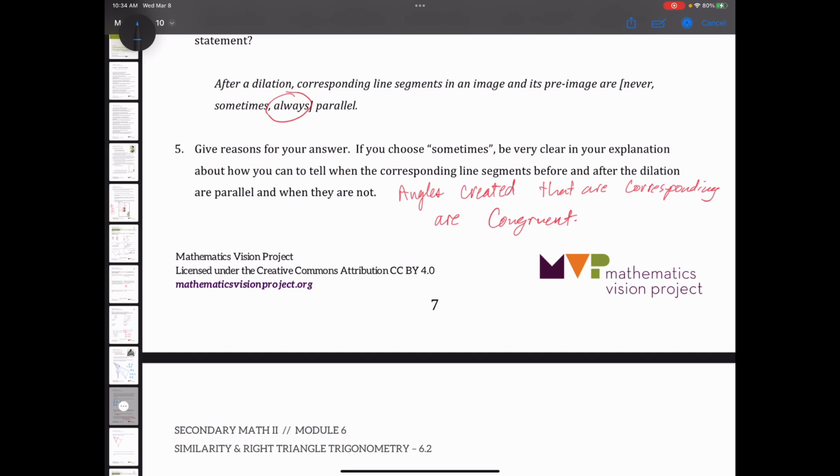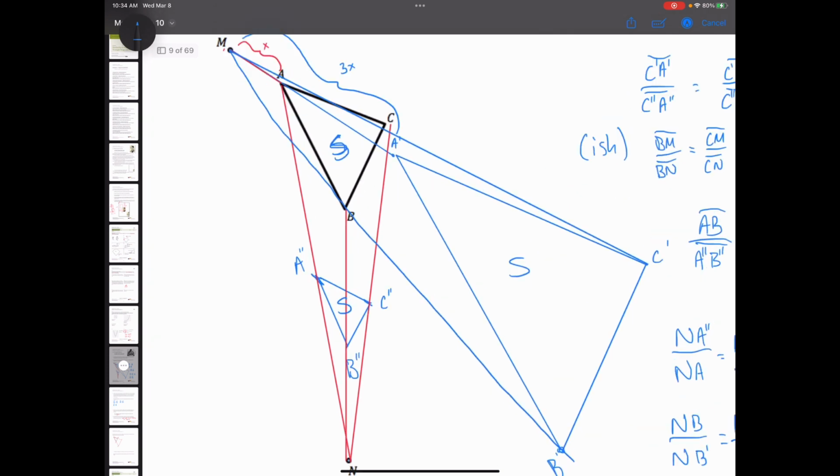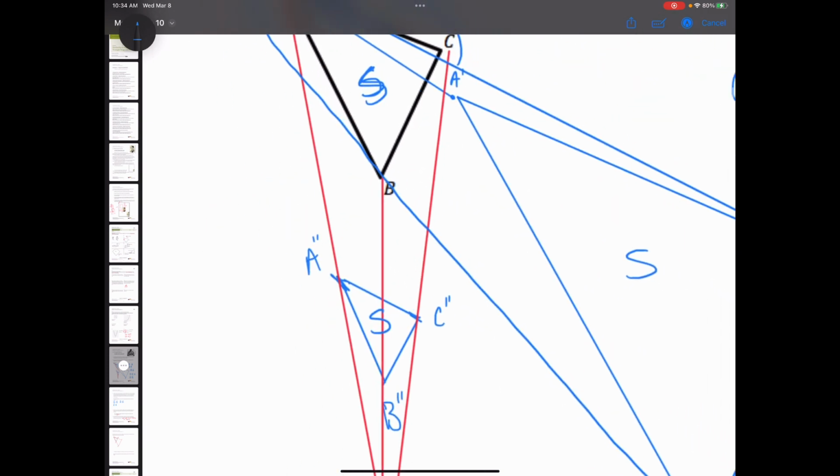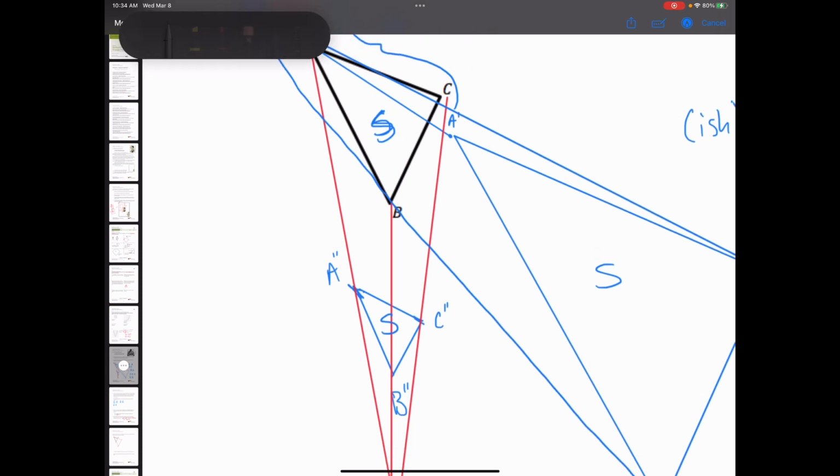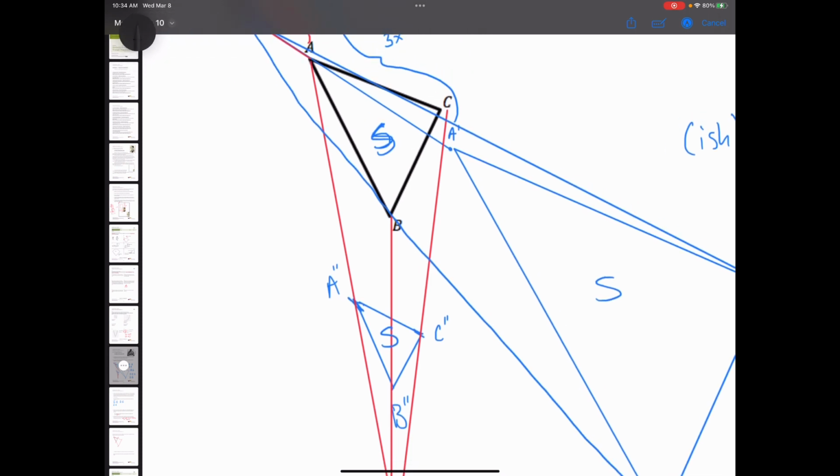Now, why? I have written up here, the angles created that are corresponding are congruent. So what I'm looking at is, if I look between A and A'', this angle and this angle are corresponding and they're congruent.